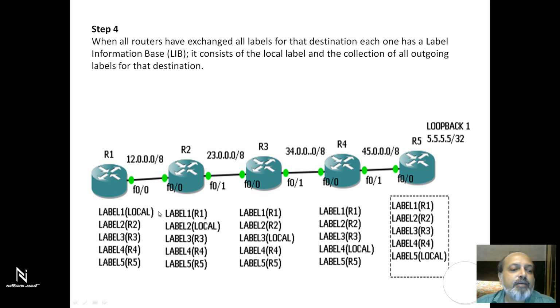Because router 1 has already received a label from router 2, and router 2 hasn't requested the label at all, but still router 1 passes over its local label to router 2. So whenever a router decides its local label irrespective of whether it has received labels from its neighbors, this is called independent control.